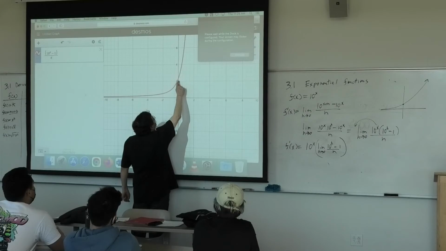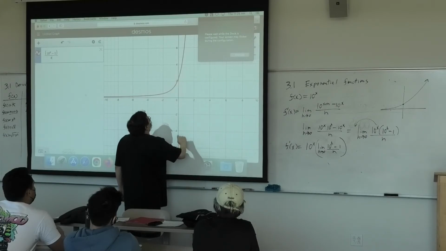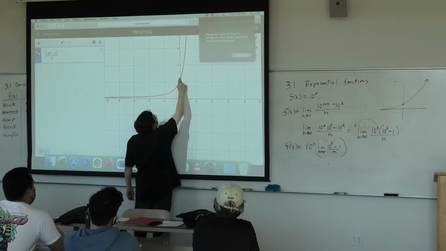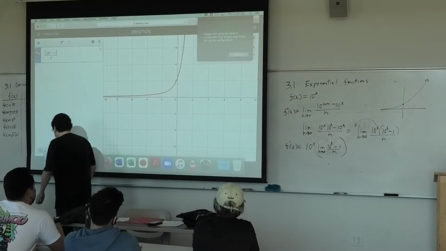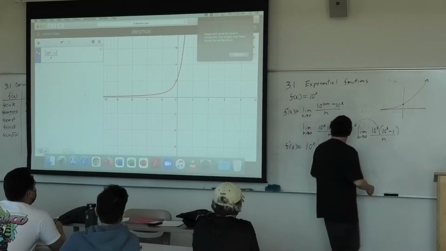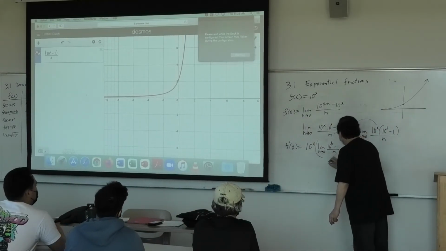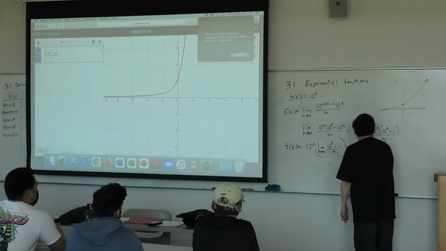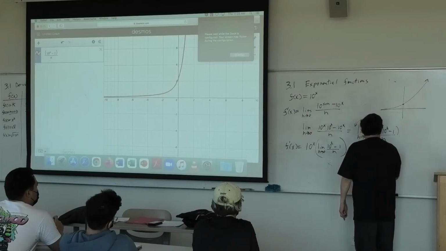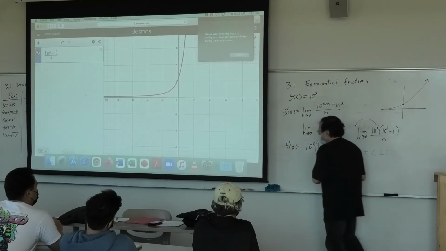To something between, I don't know where this can hit, somewhere between 2 and 2.5. Whatever this constant is here, between 2 and 2.5. That's all we know right now.